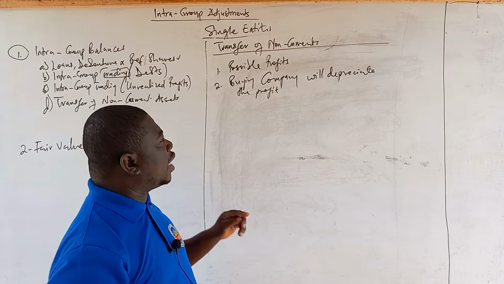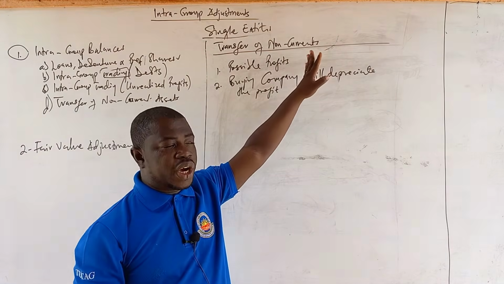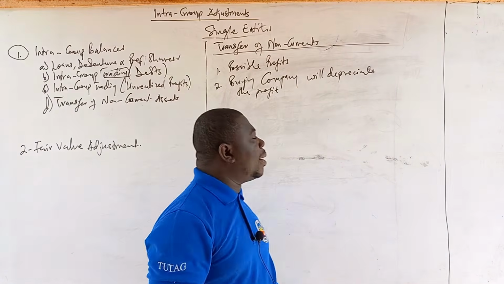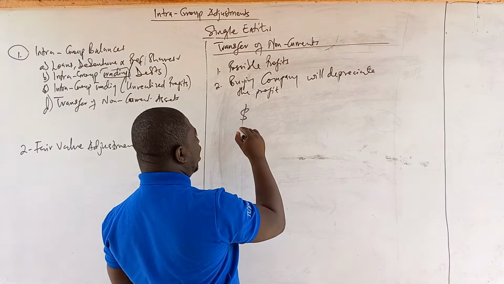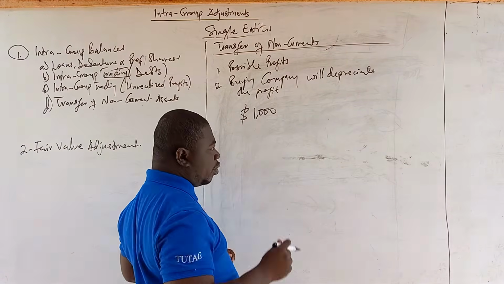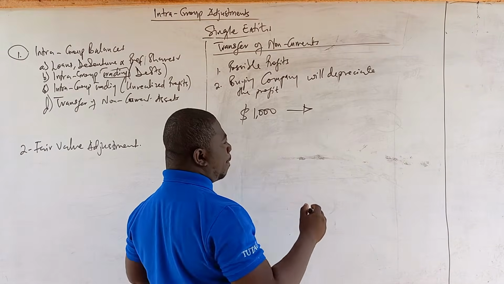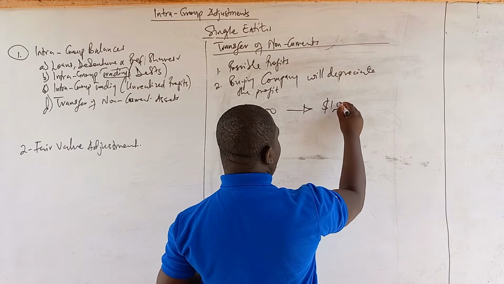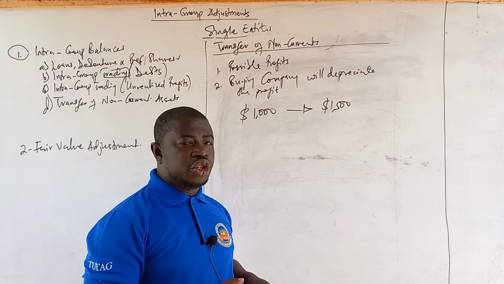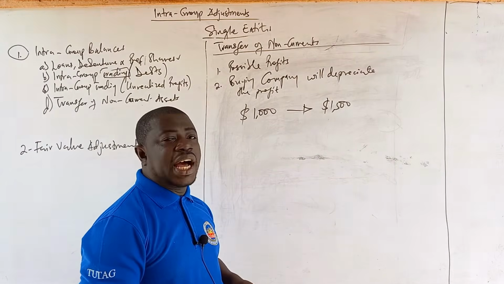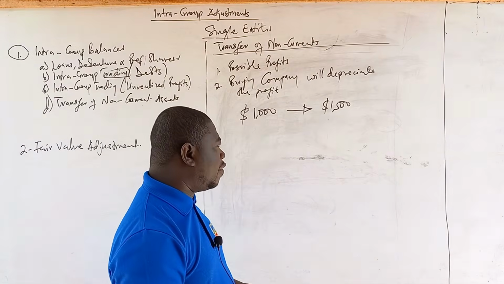Anytime there is a transfer at a profit, the possible profits will come for one company. The buying company will also depreciate because the asset cost or the net book value of the asset may be $1,000. If you transfer to one party at 1,500, in your books, you will add this 500 to your retained earnings, maybe as your profit on disposal of assets.